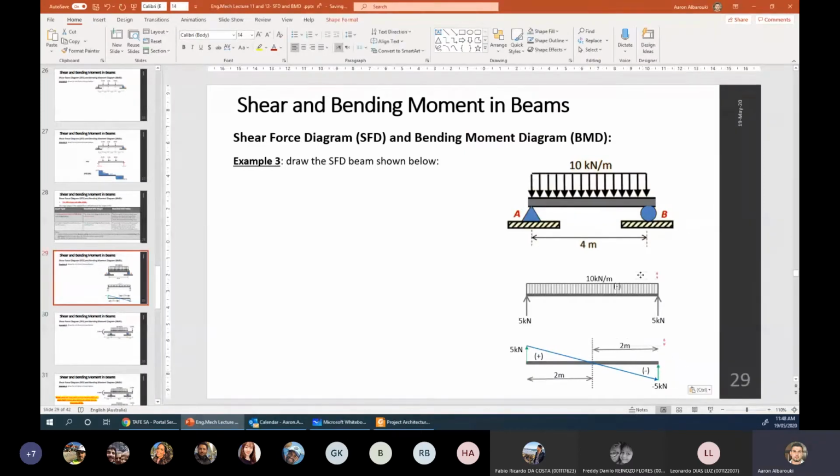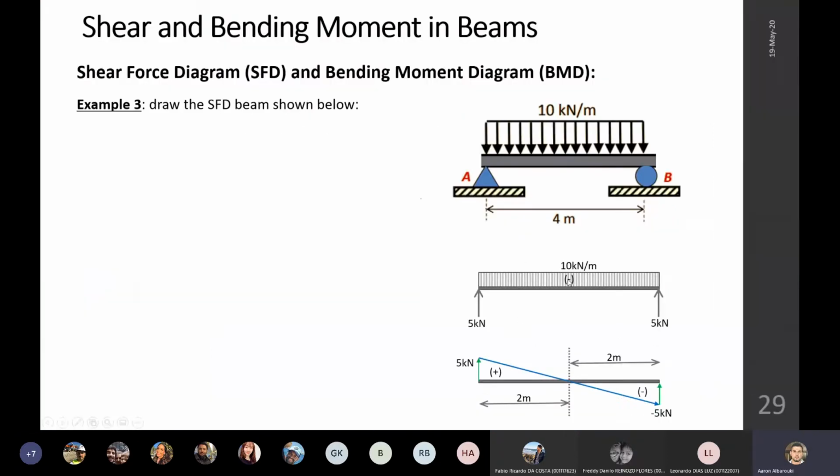The sign is negative here for the force, which means my direction is going downward. How much does it go downward? It is the area underneath this rectangle, which is 10 by 4, the distance. 10 by 4 is 40.